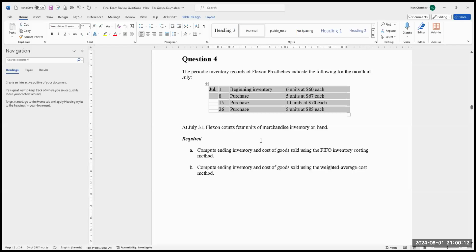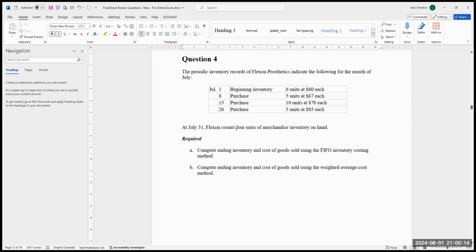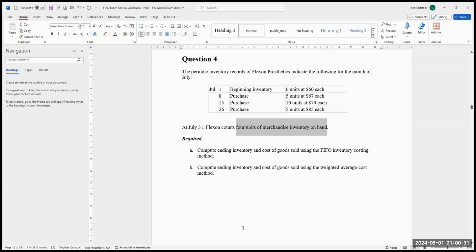And the question is going to tell us that at the end of the period, at the end of the month, we have exactly 4 units of merchandise inventory on hand. Only 4 units. So let's go back to our Excel spreadsheet and apply those 4 units as our ending balance.